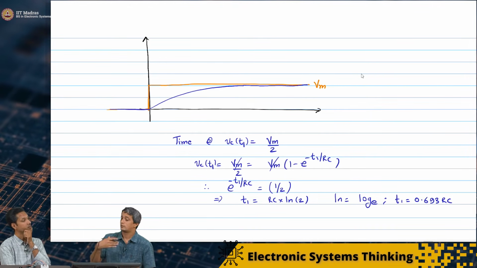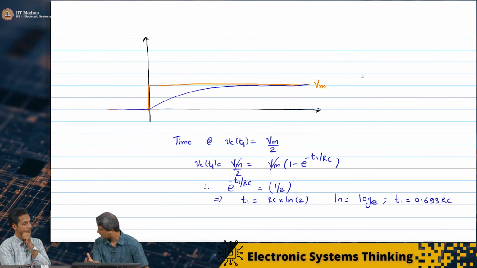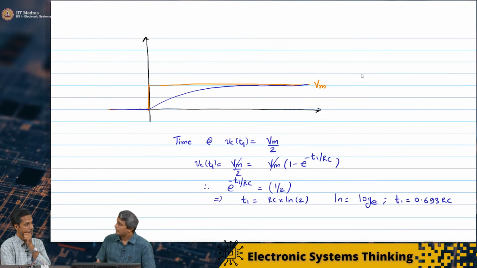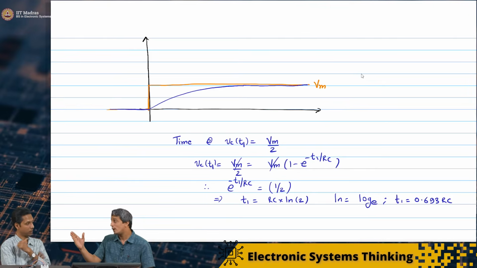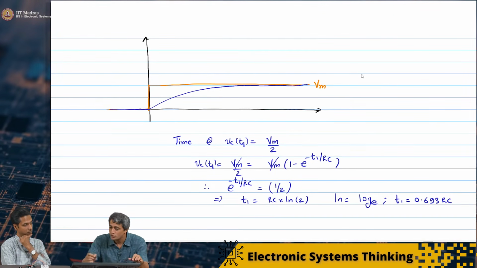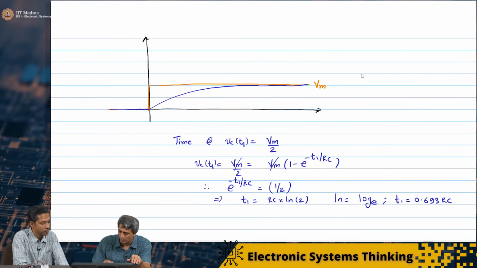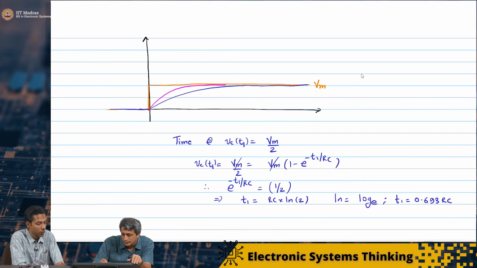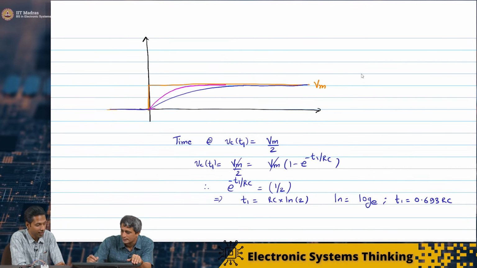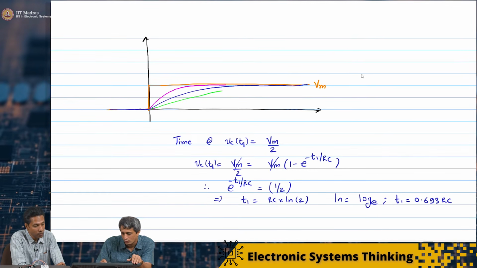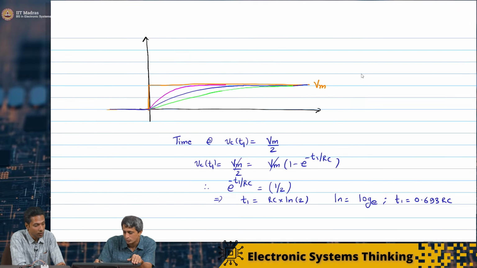Now, had you used a different RC, what would have happened? It would still take infinite time to reach the final value. So there's really no information there for us. But if you used a different RC, the charge up could be faster, like this, or much slower.